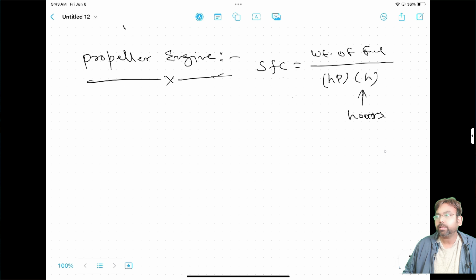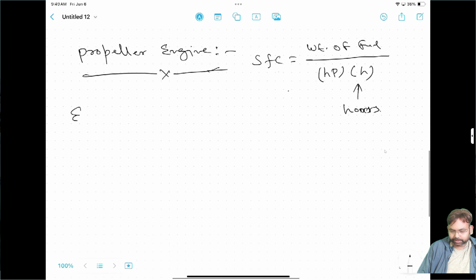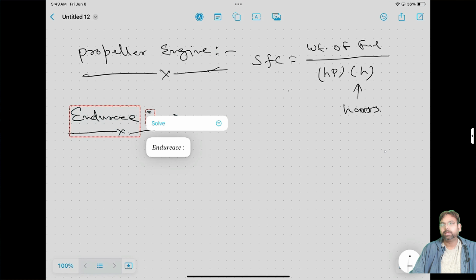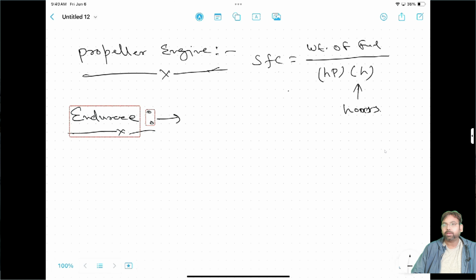So guys, if we are talking about the endurance for the propeller engine, then obviously you need to understand this according to the definition of endurance.